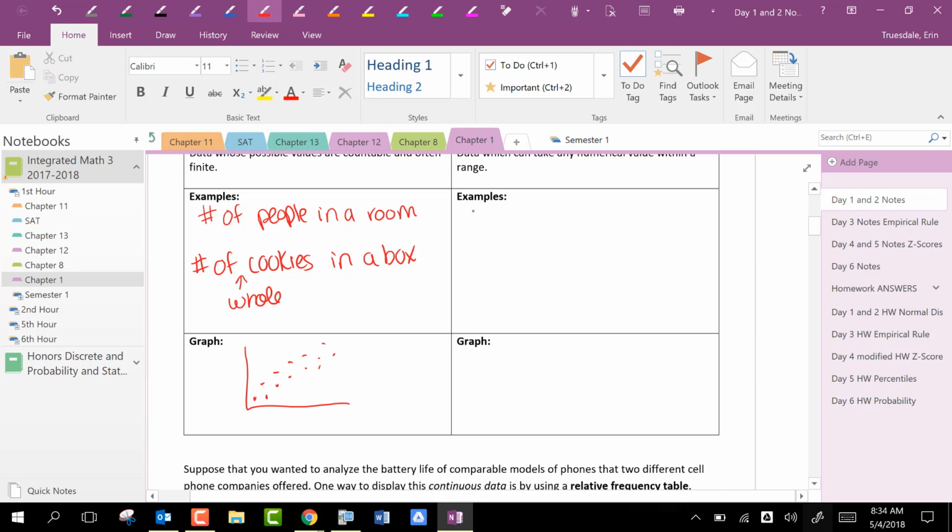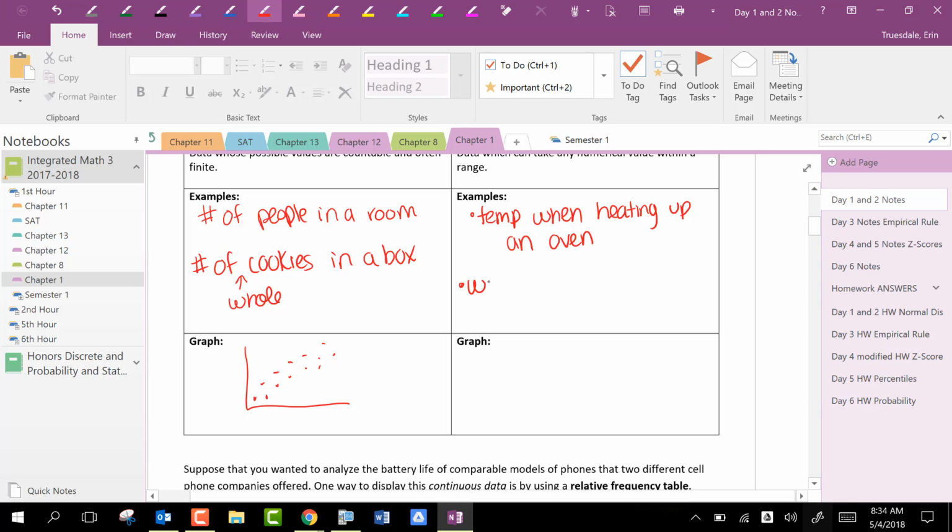Continuous data would be like the temperature when heating up an oven. So it might say on the screen of your oven like it's 270, 271, 272, but it has to continuously heat up. So it's going to heat up in between those ranges, okay, at some point.